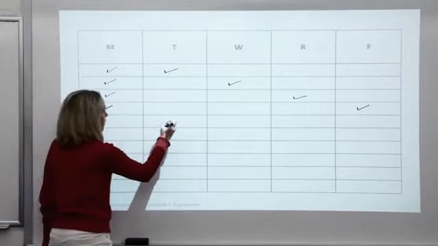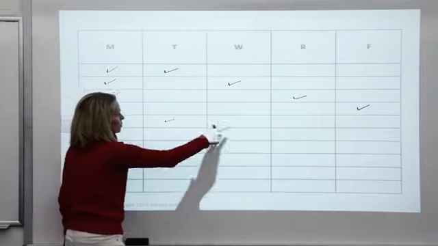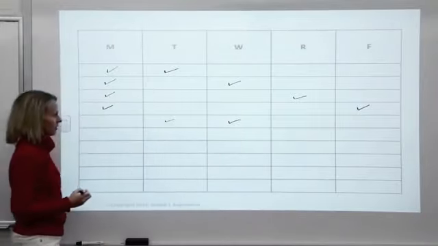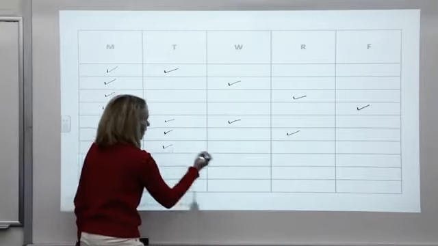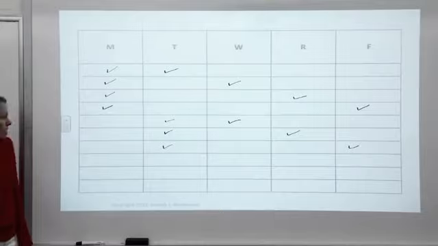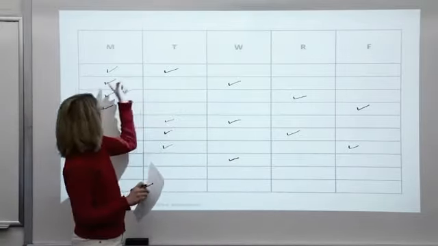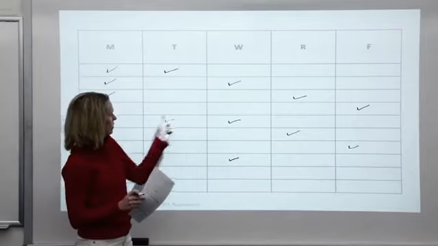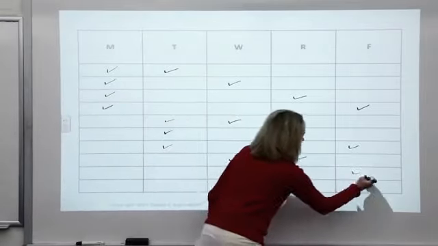I'm going to move to Tuesday. Tuesday, you could have gotten a spot Monday, or we could do Tuesday, Wednesday. You could get a spot Tuesday, Thursday, or Tuesday, Friday. Moving to Wednesday. Wednesday, you could get a spot Wednesday and Monday, Wednesday and Tuesday, Wednesday and Thursday, or Wednesday and Friday.